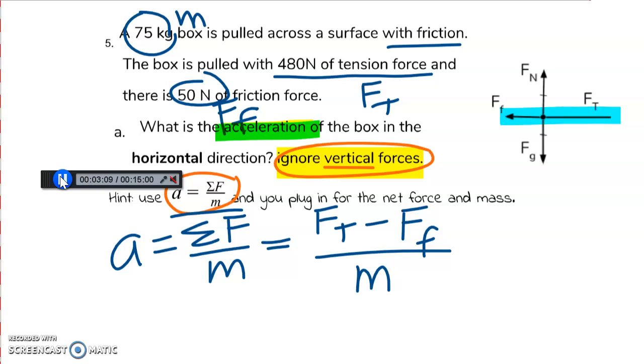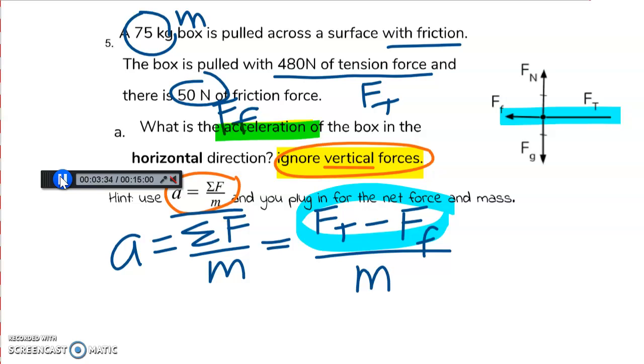Now notice on this part of the equation that I have tension force minus friction force. Just like the last problem, friction force is being subtracted from the tension force because friction force is going against the tension force. Friction force is going the negative direction.